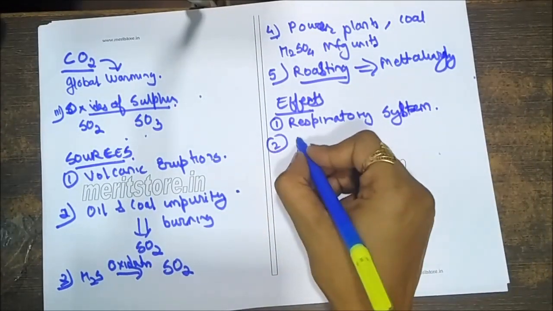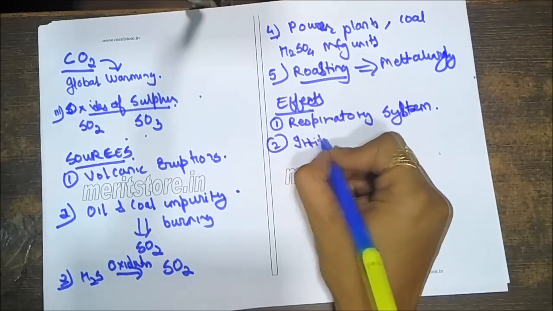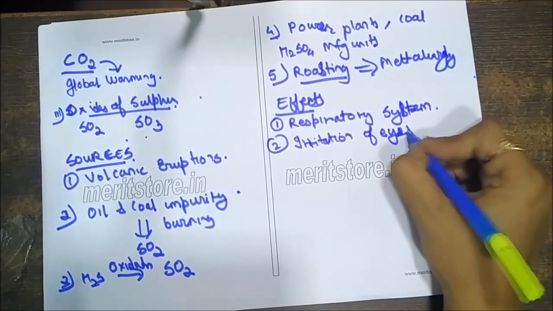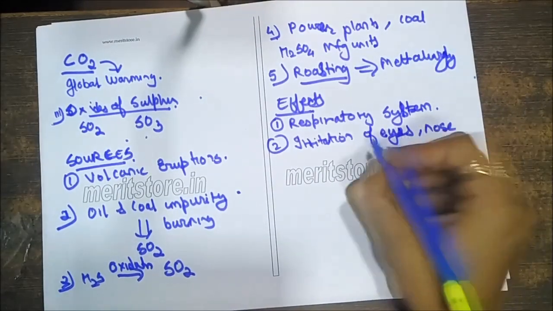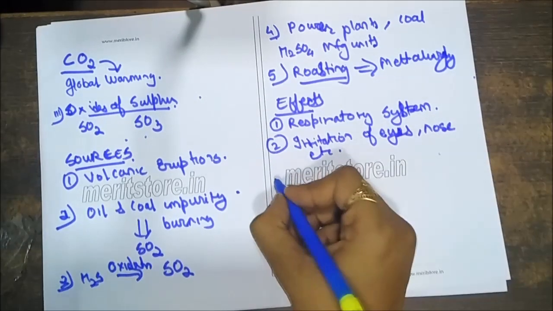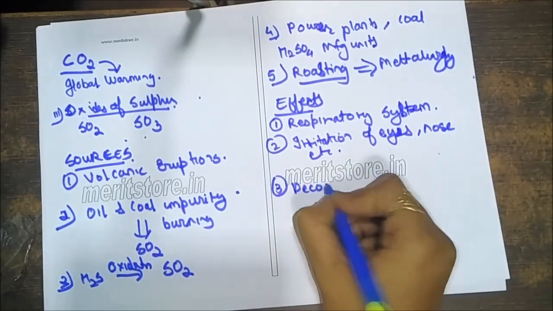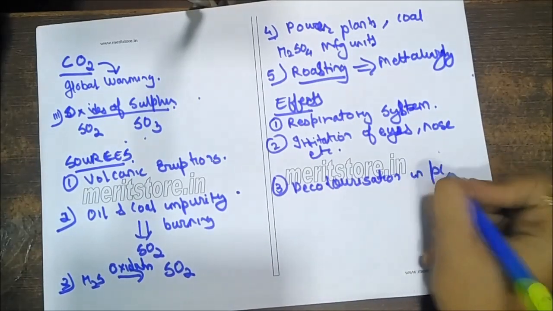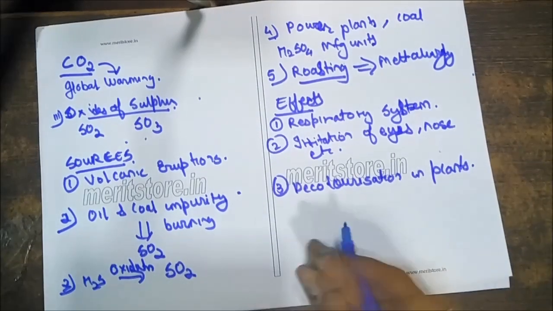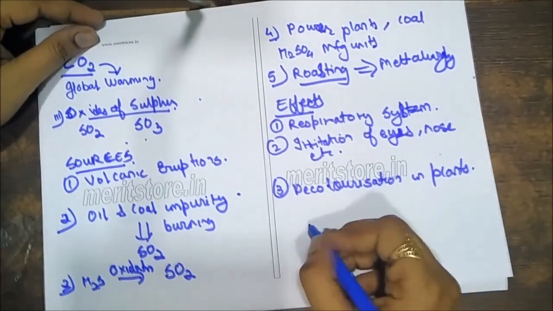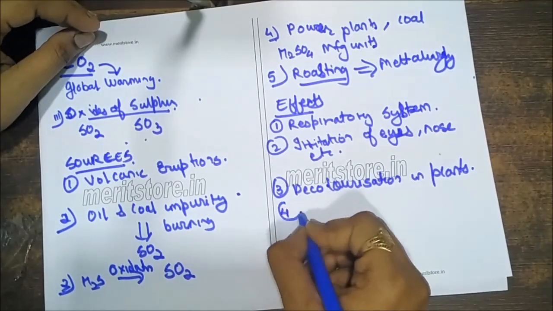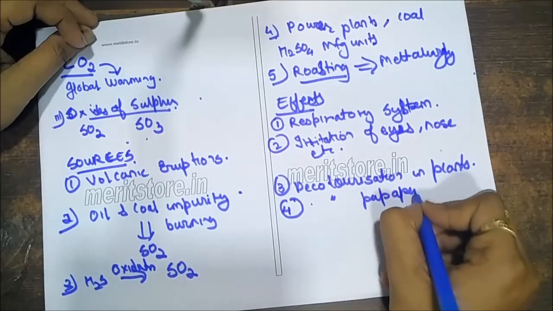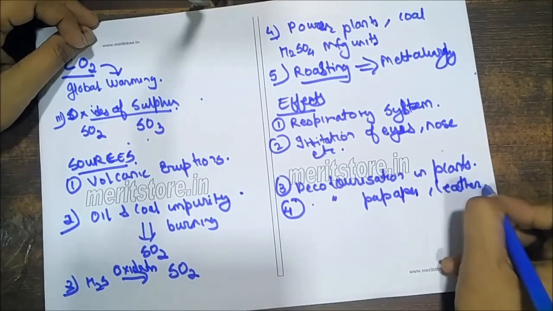Then it will cause irritation of all mucous membrane lined regions, so irritation of eyes, nose, throat, etc. Then in plants, it will cause decolorization. Okay, and it will also cause decolorization of paper, leather, etc.